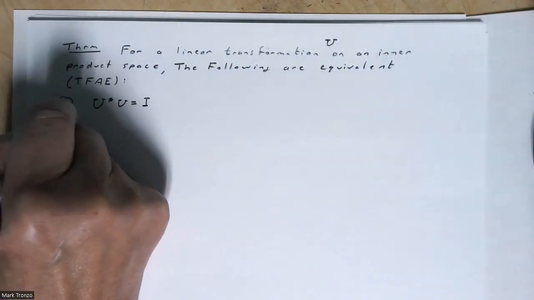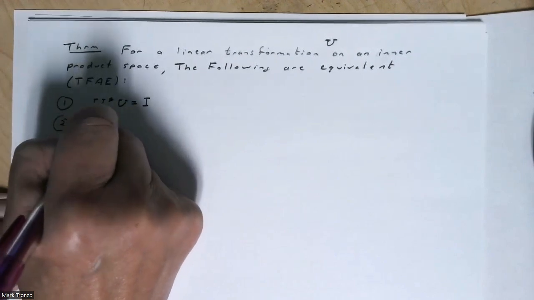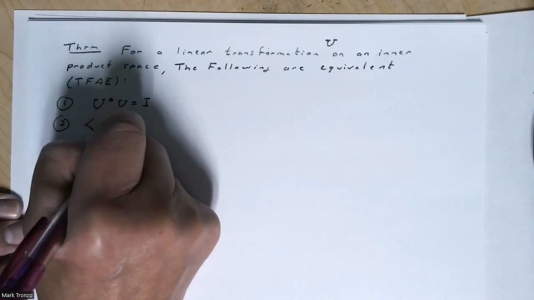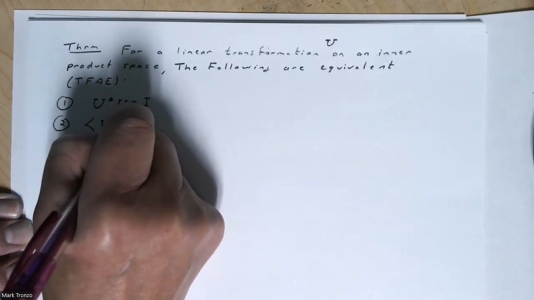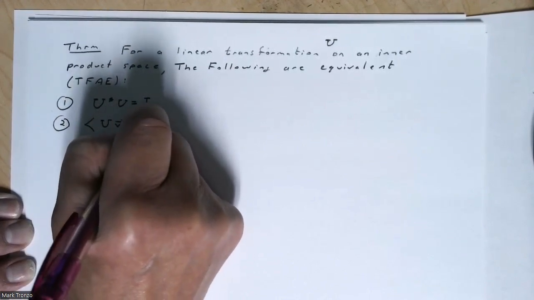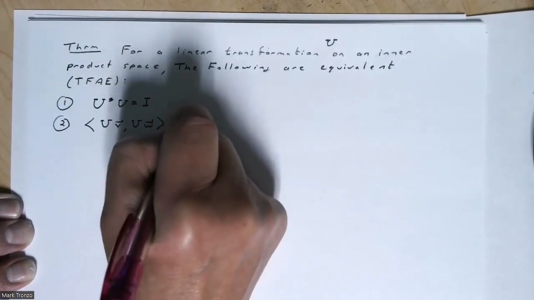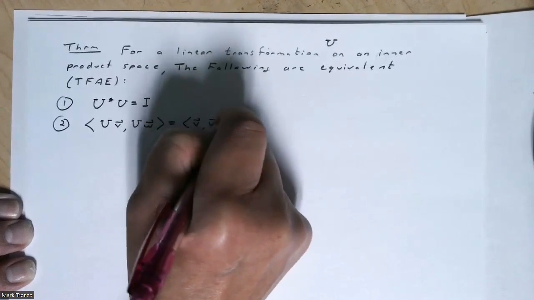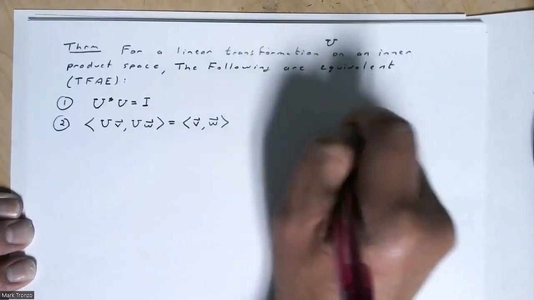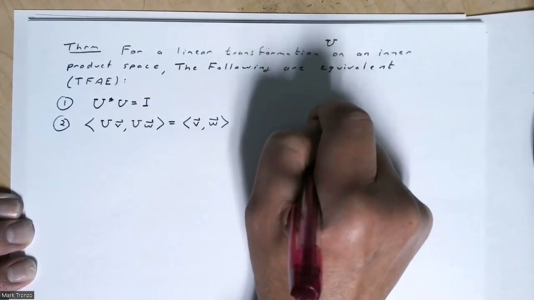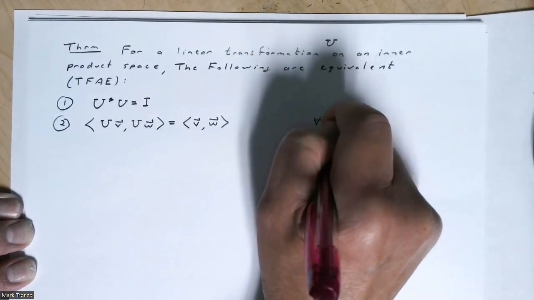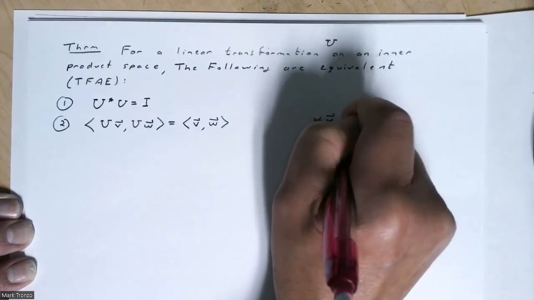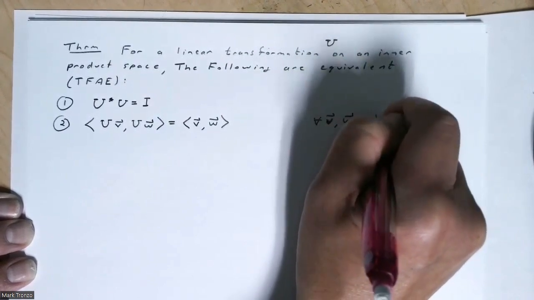Number two, the transformation U preserves inner products, for all V and W in the vector space.